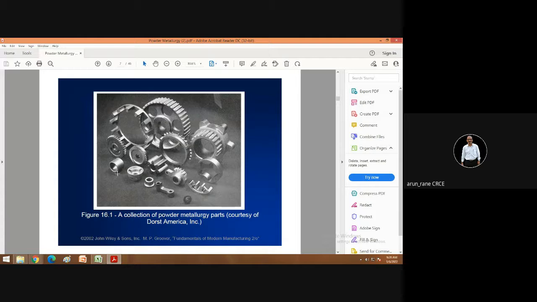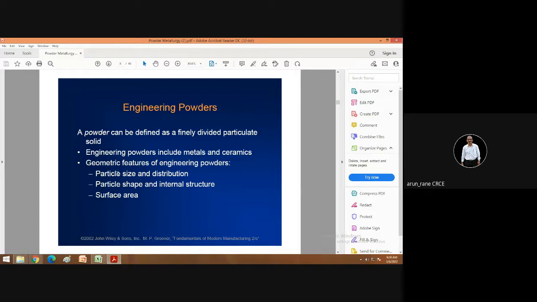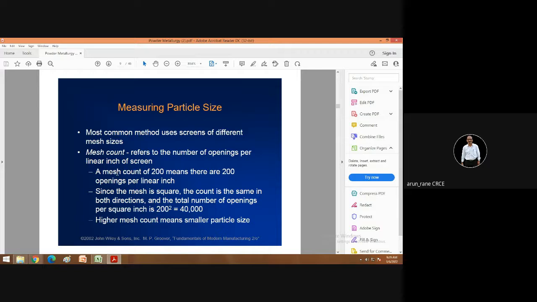So bearings, gears, shaft, inserts are manufactured by powder metallurgy process. Out of this, the inserts can only be manufactured by powder metallurgy process.